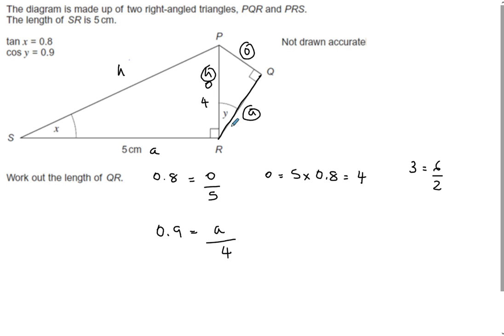Okay, A is actually the length of QR, so as long as we get this, so again we use that format. So A equals 0.9 times 4, which is 3.6 centimeters.